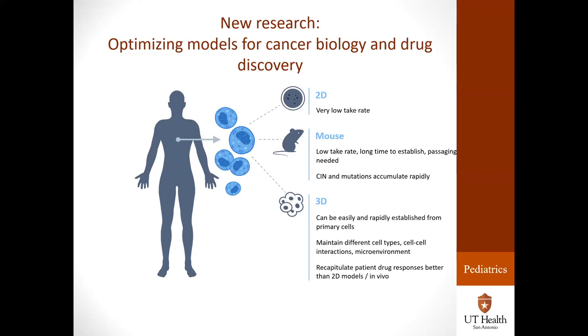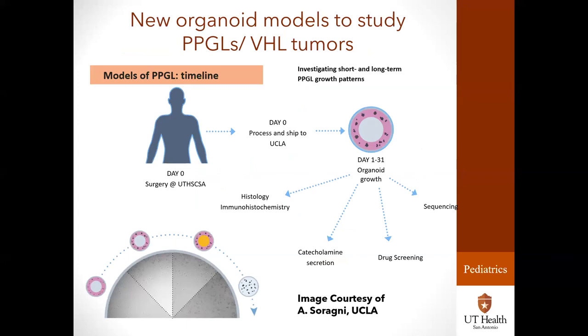So next slide, please. We started a collaboration with a colleague at UCLA, Dr. Sorani, to develop organoids of patients with PPGLs of various genetic origins, including VHL tumors. And we have begun this work and started to have preliminary data suggesting that we can indeed develop organoids of PPGLs, and we will provide immunohistochemistry analysis.